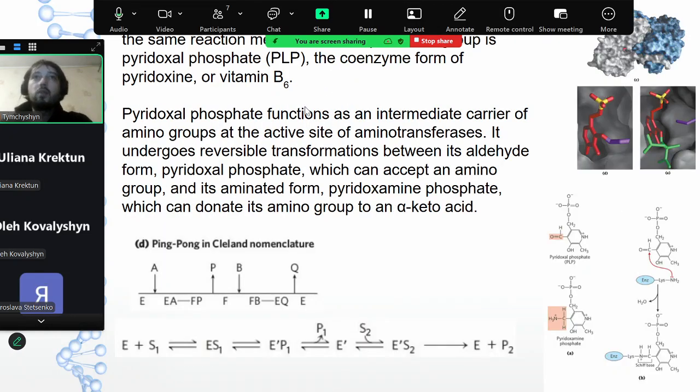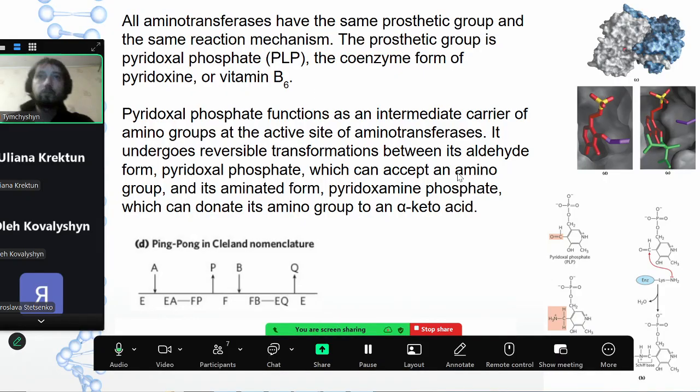The logic may be pretty simple in this case. Let's say you have many amino acids and you should do something with them, so there is some critical catabolism that should go. It's pretty inconvenient to create 20 different pathways for each of the amino acids.